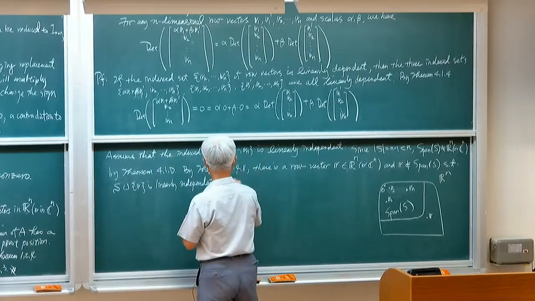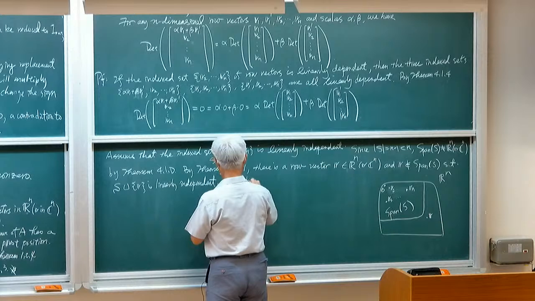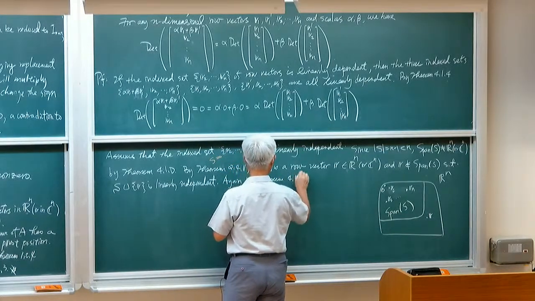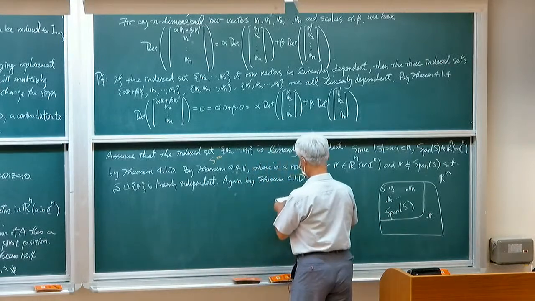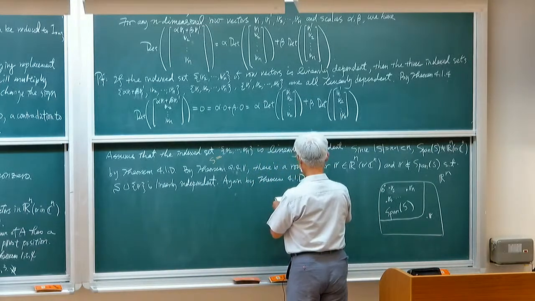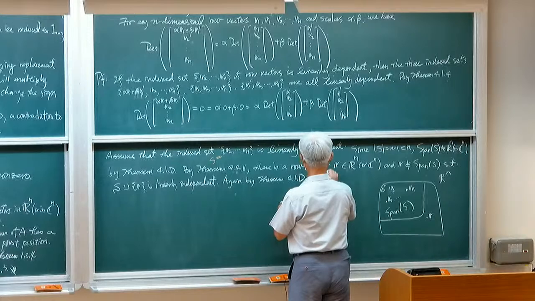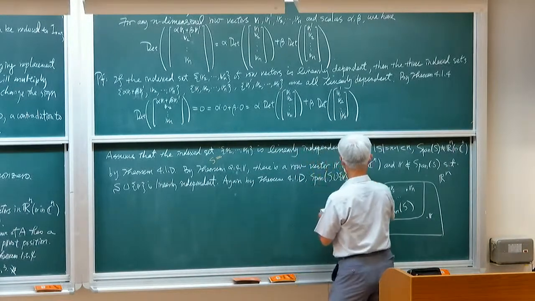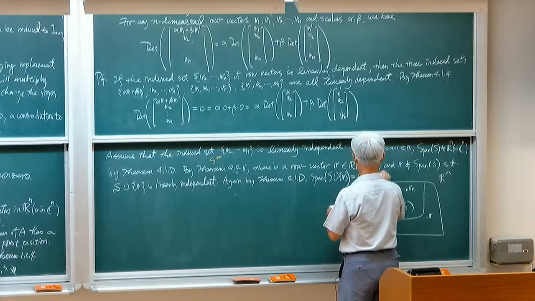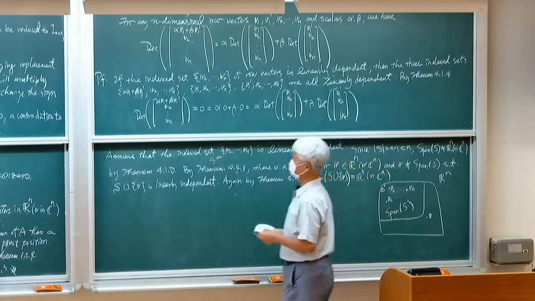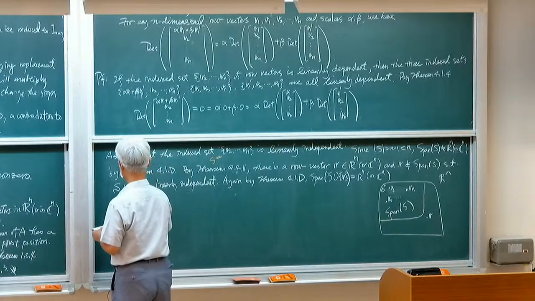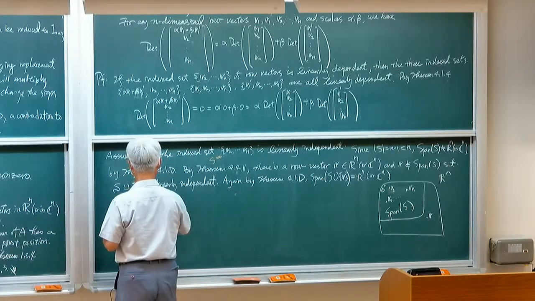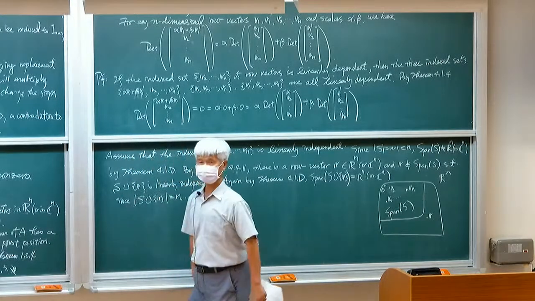Now again, by the previous theorem 4.1.d, the span of this new set is equal to Rn or Cn. Why? Since the size of this new set is equal to n, right?